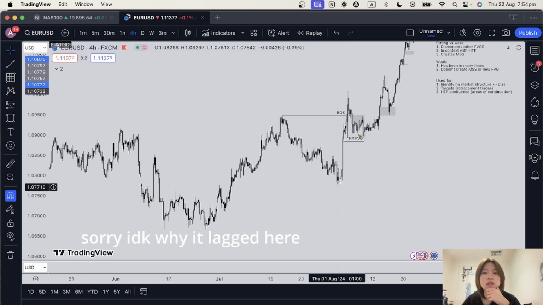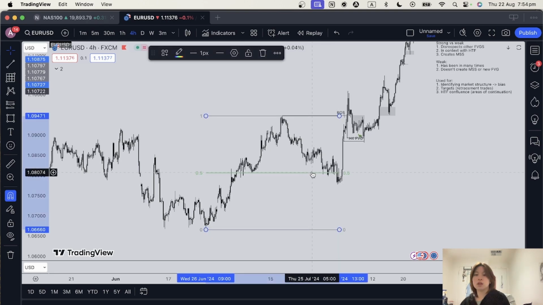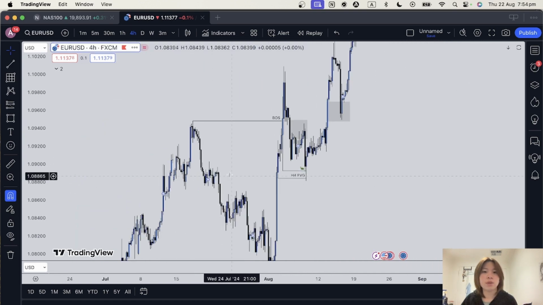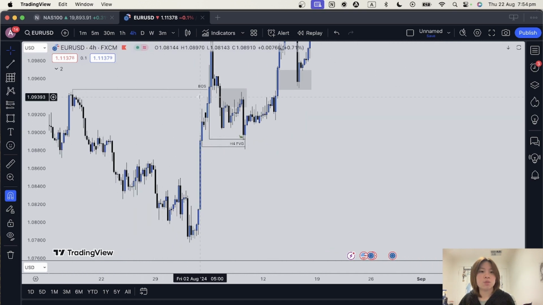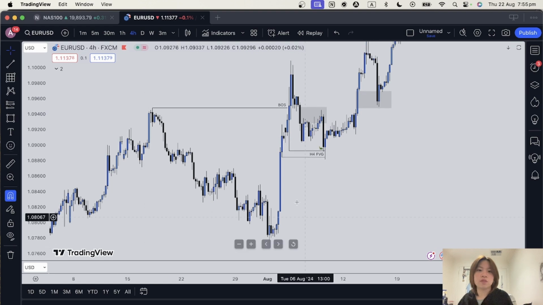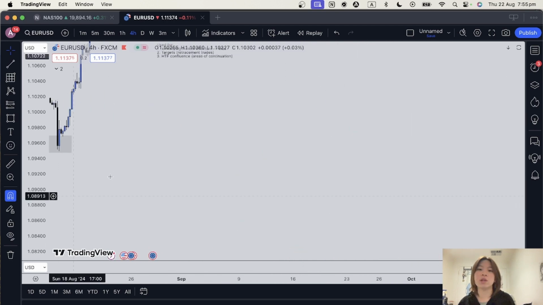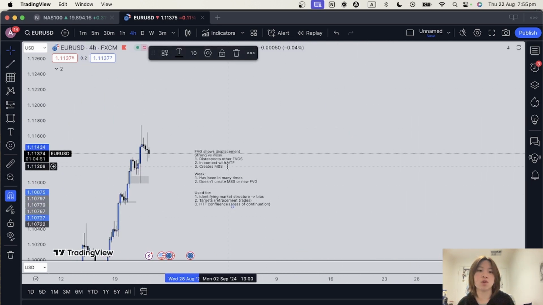We went up, retrace into the equilibrium, pushes up, breakout structure. That's so many concepts already, right? So anyways, we have this breakout structure here, and we have these fair value gaps form. So why do I think these are strong fair value gaps? It's because it created this breakout structure, right? When I say market structure shift, I mean market structure shift or breakout structure.